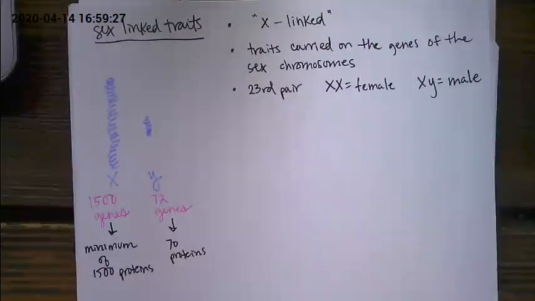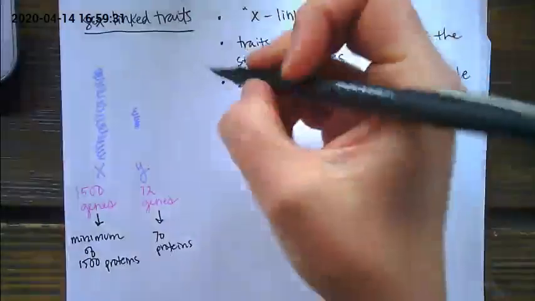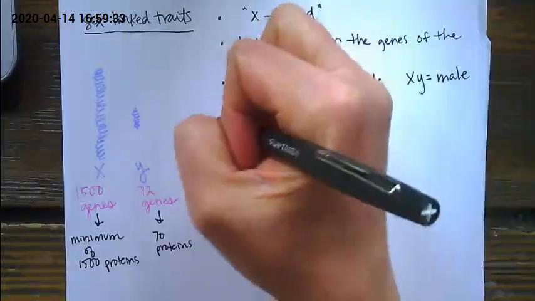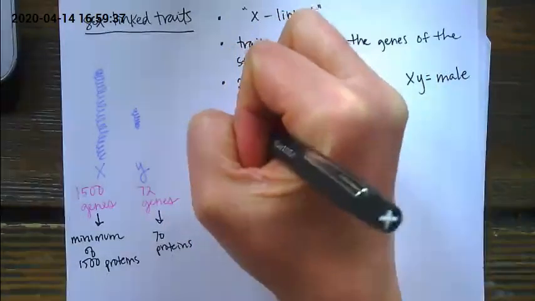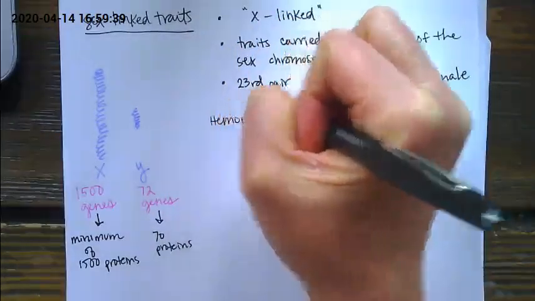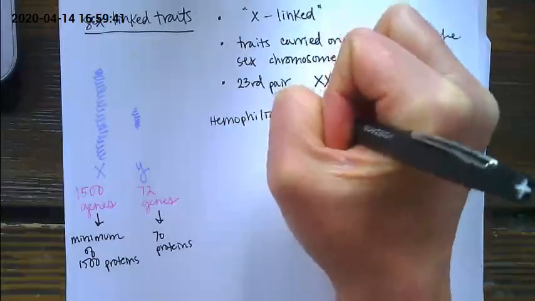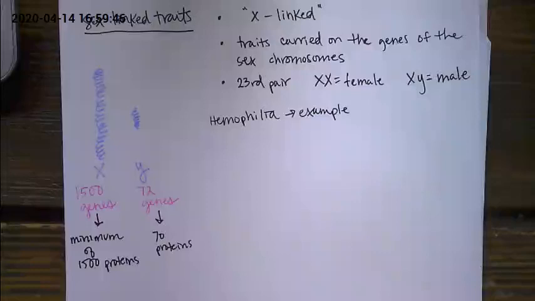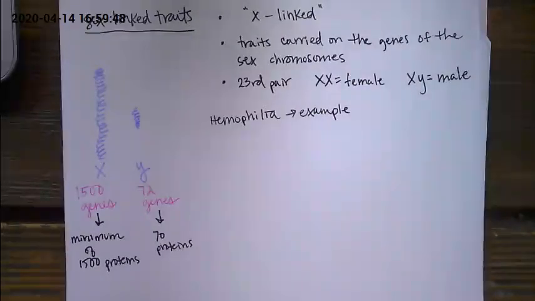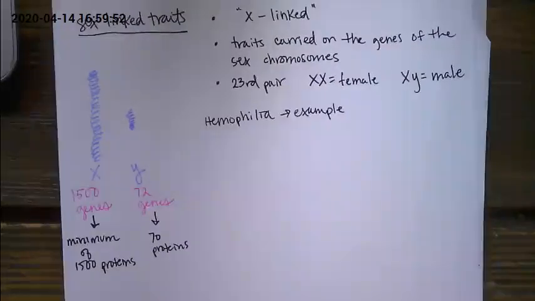So let's give you an example. We're going to use hemophilia as an example. Hemophilia is a blood clotting disease. Hemophiliacs' blood does not clot, so they have to get a lot of blood transfusions.